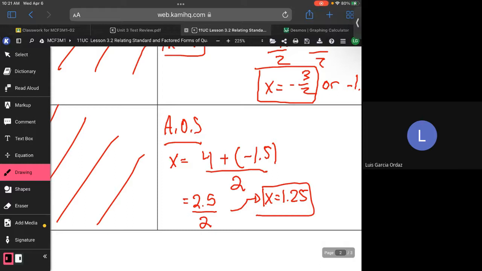So when we did the transformations and the h and the k stuff, what did I say my axis of symmetry was? What part of the vertex, the x or the y? The x part of the vertex. So my axis of symmetry is the x value of my vertex.